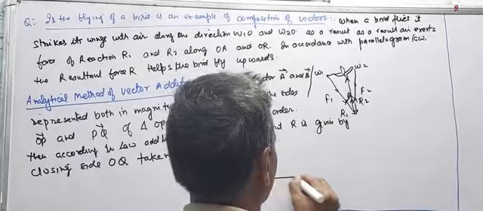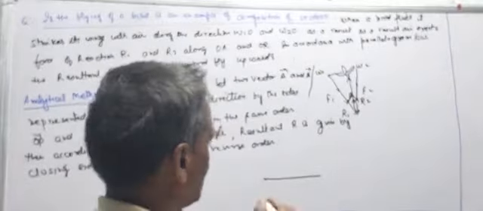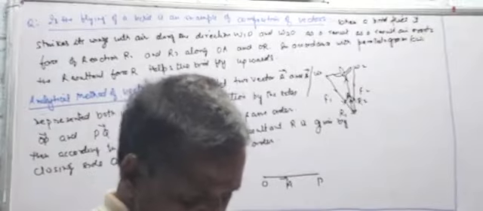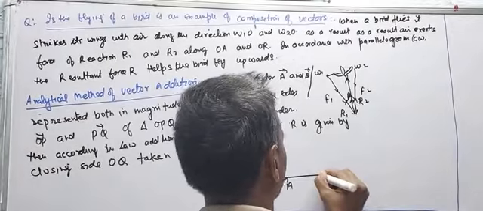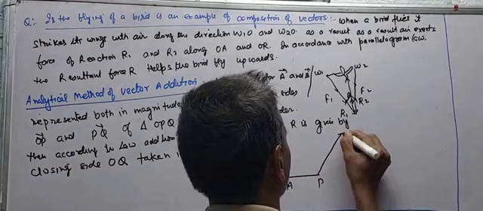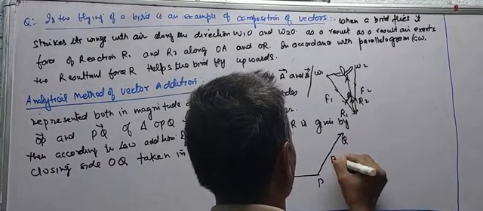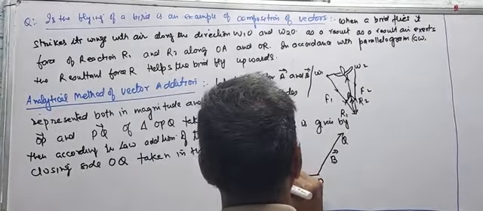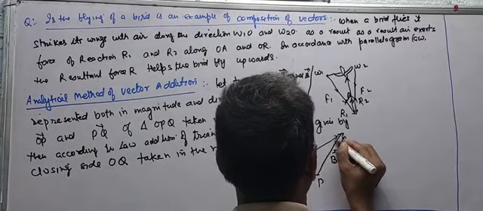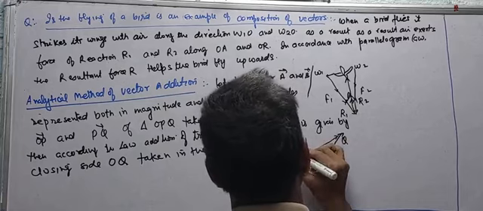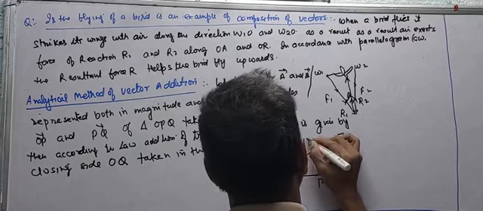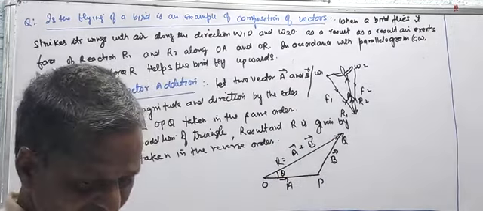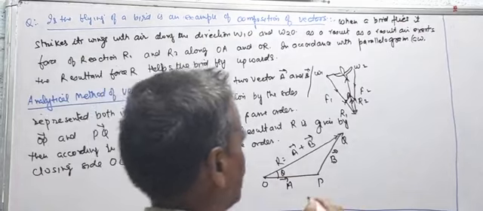Here this is OP vector, A vector, and this is PQ vector, B vector, and this is resultant vector R is A vector plus B vector, and here theta is the angle between A vector and B vector.